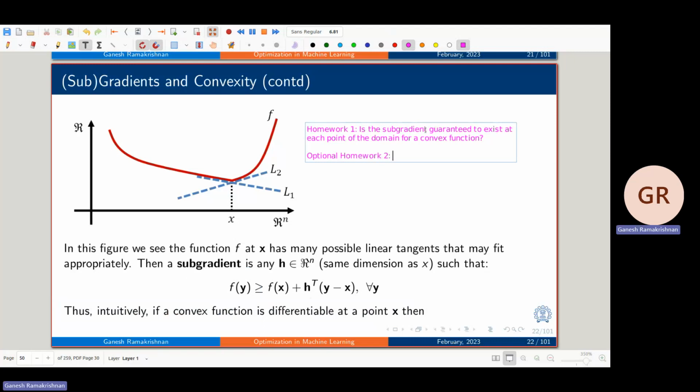Homework one: is a subgradient guaranteed to exist at each point of the domain of a convex function, even if not differentiable?